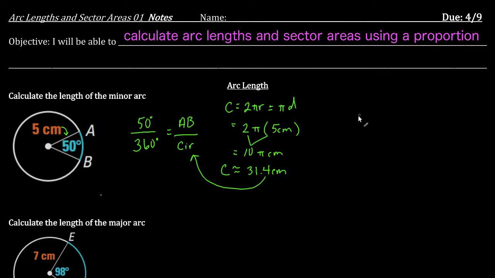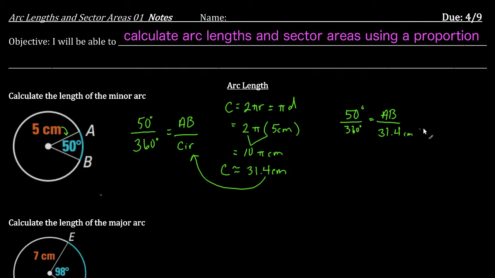So let's do 50 over 360 degrees equals AB, which is what we want to know, over the circumference, which is approximately 31 and 4/10 centimeters. We could divide here, or we could multiply and then divide here. It kind of doesn't matter.